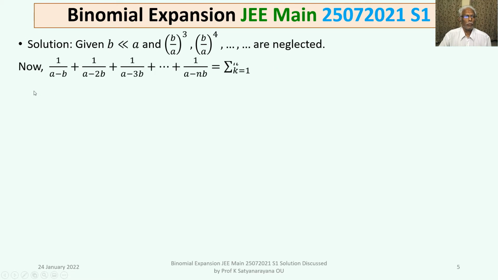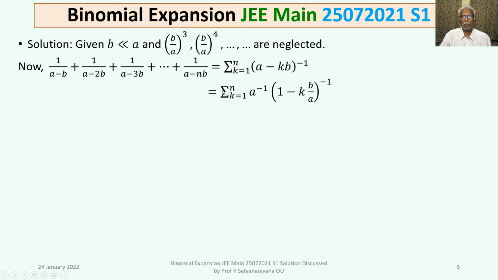Now 1 by a minus b plus 1 by a minus 2b plus etc. plus 1 by a minus nb is equal to sigma k equals 1 to n of 1 by a minus kb, and that is written as sigma k equals 1 to n of a minus kb to the power of minus 1.